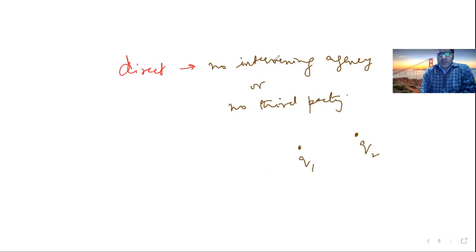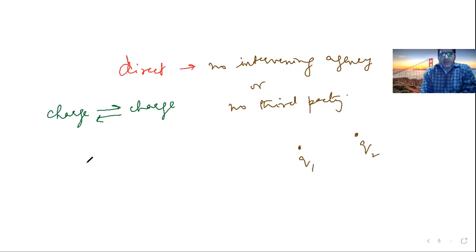Sometimes symbolically, this action at a distance idea is represented this way. We write charge, then we show a double arrow, and we write charge. By that we mean this charge directly exerts force on the other charge, and this charge exerts directly force on this charge.